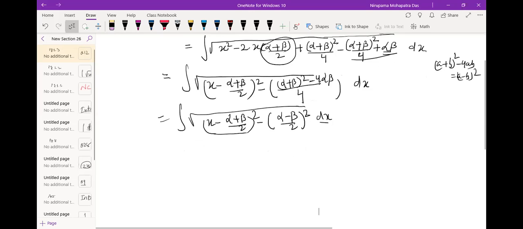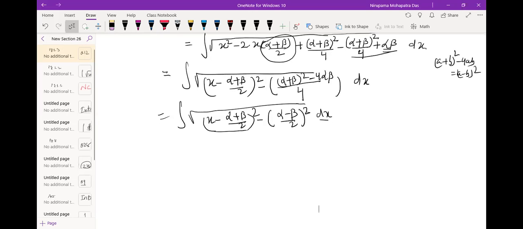So you have square root of x square minus a square. So you can have x by 2, which means x minus alpha plus beta by 2. I mean x by 2 means this by 2. Okay, into square root of x square minus a square. So x square minus a square means the whole thing will come, right?